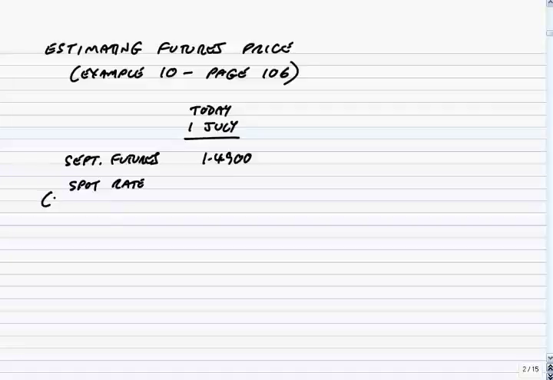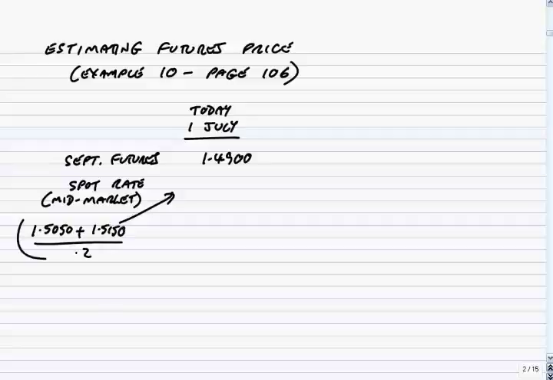And so what we'll do is we'll take what we call the mid-market spot, which is simply the average. The spot rate is 1.5050 to 1.5150. Well, let's work out the average. Add them up and divide by 2. It's the mid-market spot. Well, it comes to 1.5100.